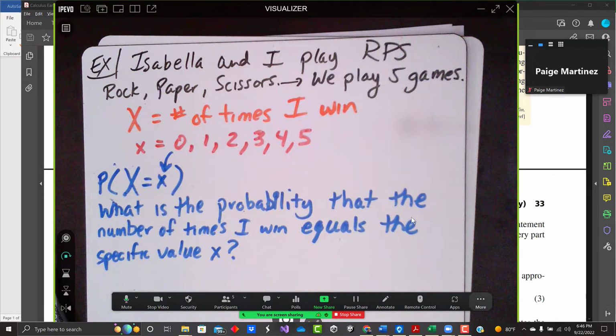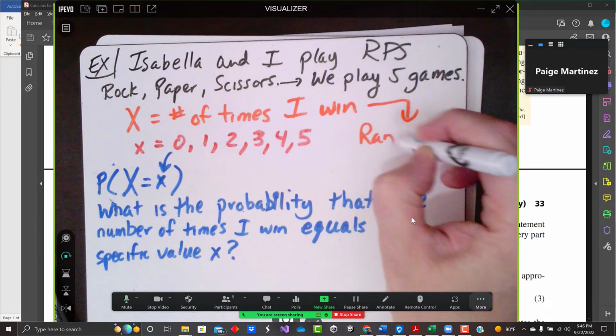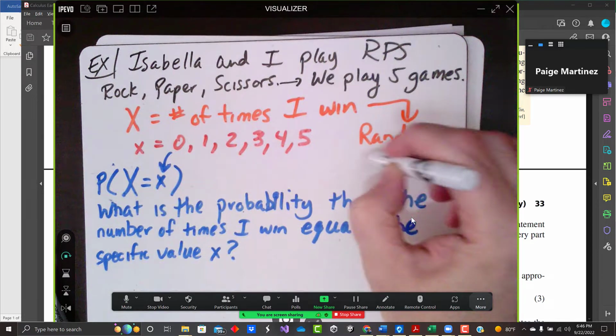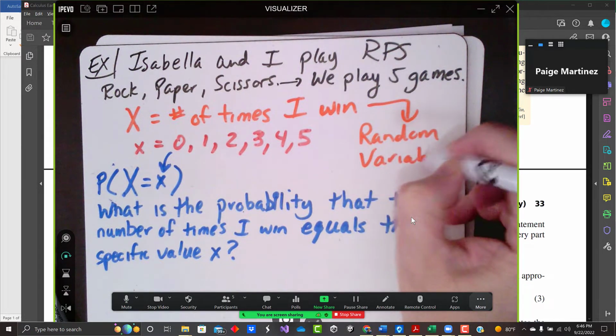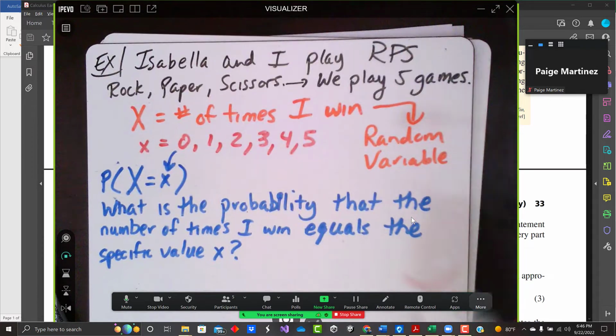So the number of times I win, the big X, is called the random variable because the outcome is random. We don't know what it's going to be until we play.